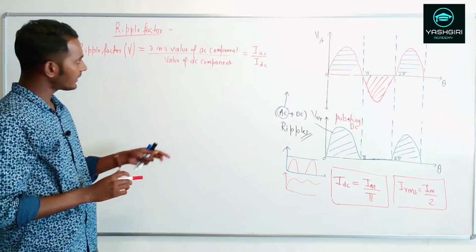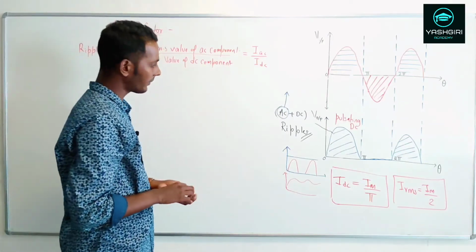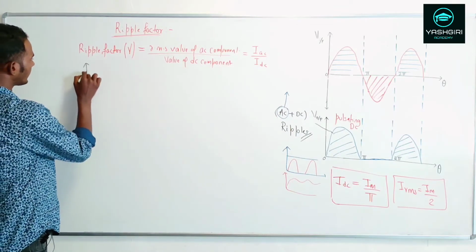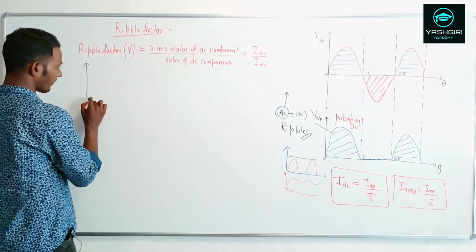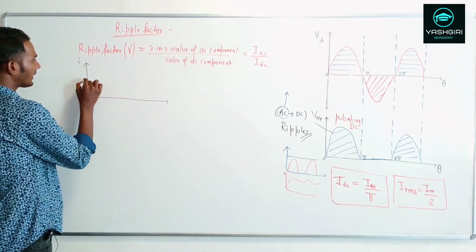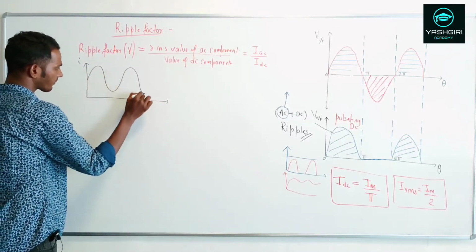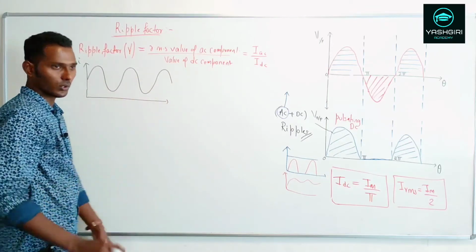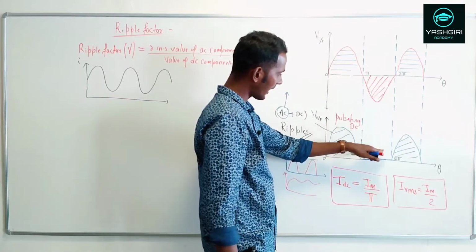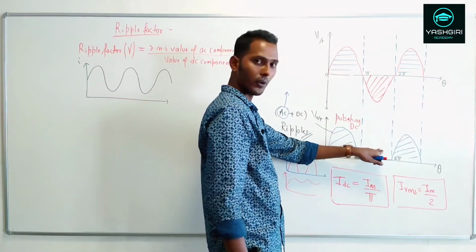Now, to understand this ripple factor, let me take a simple pulsating DC signal at the load output. Let this be I, and this is my pulsating DC signal. For the time being, forget what is shown here, which is just the half wave rectifier.